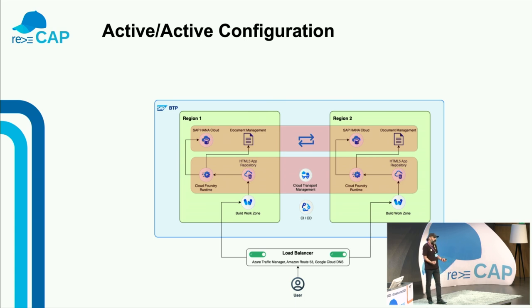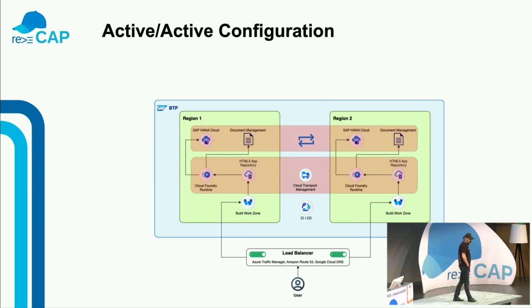But when we come to HANA Cloud or document management service, now it becomes more complicated, because I tried to use two different HANA Cloud instances, and I tried to find options to replicate our data. But it is almost impossible to have real-time synchronization between two HANA Cloud instances.